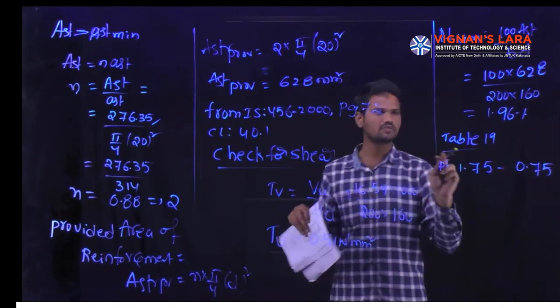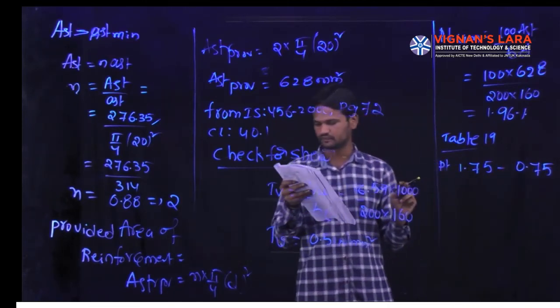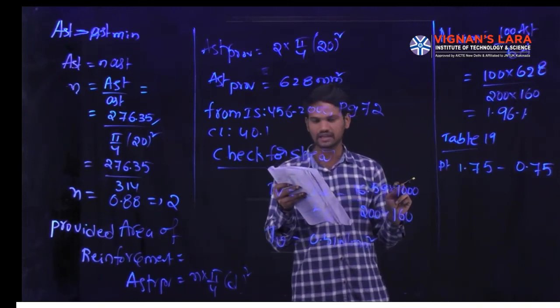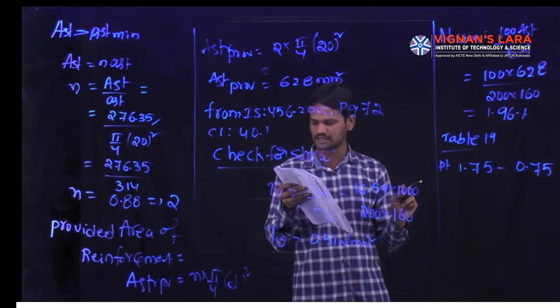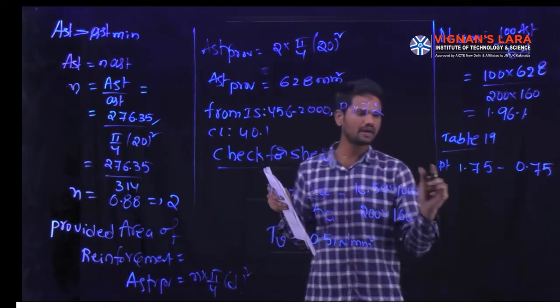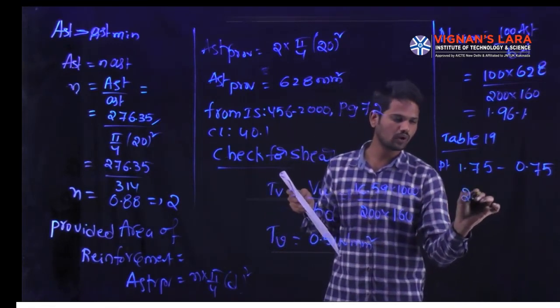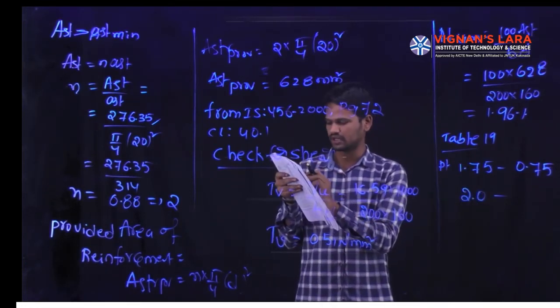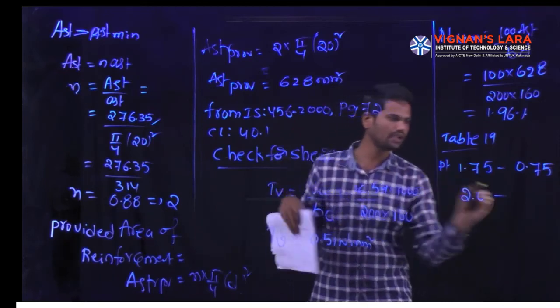That is the design shear strength for 1.75 percent of steel reinforcement. Again, for our value 1.96, we take the neighbouring percentage 2.0. For 2.0, M20 grade, the design shear strength is 0.79 Newton per mm square.